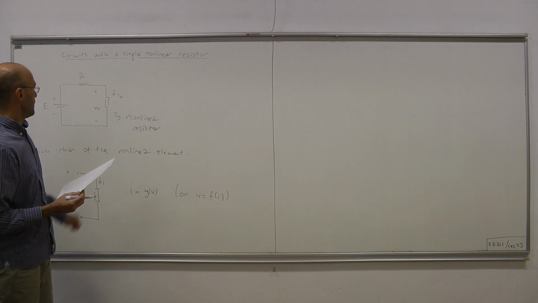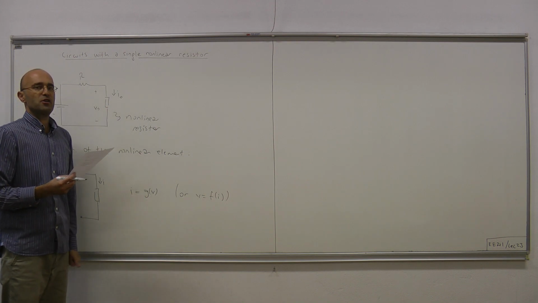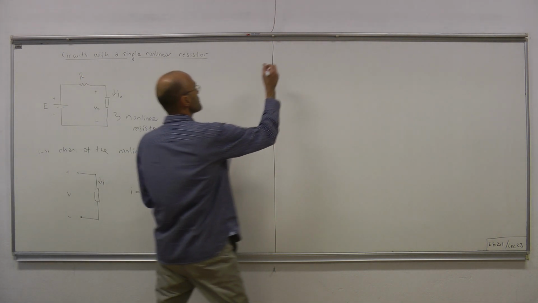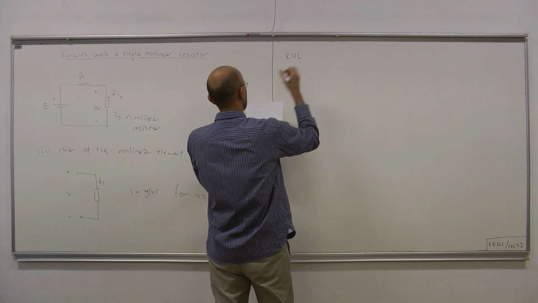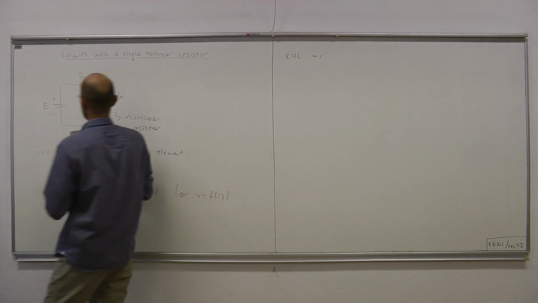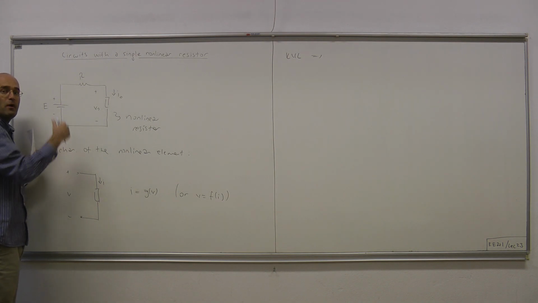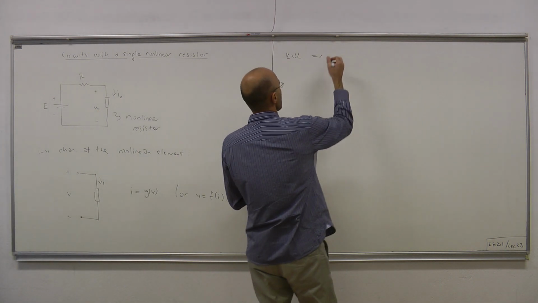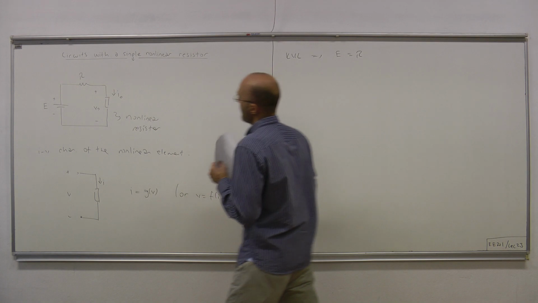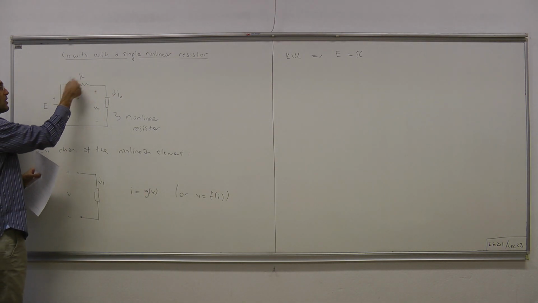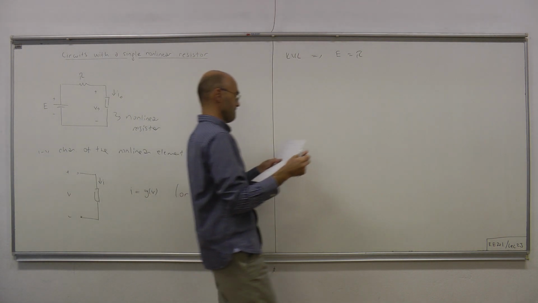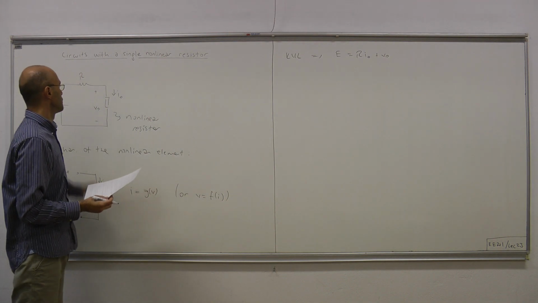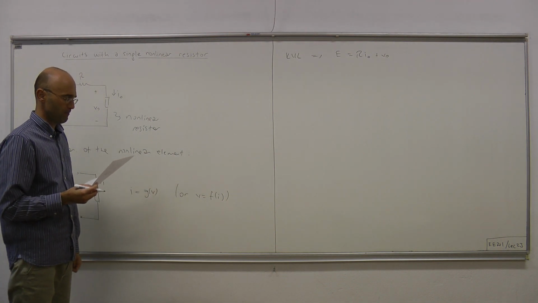Now, what's the equation to be satisfied by V0 and I0? It directly follows from KVL. KVL says that the sum of voltages in this loop, and there's a single loop in this very simple topology, must sum to 0. So we have E equals R times I0 plus the voltage drop across the terminals of the nonlinear resistor.